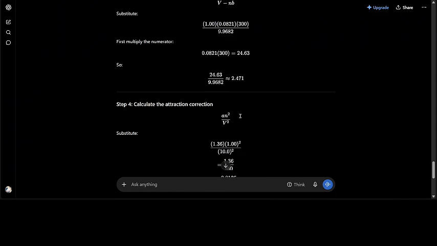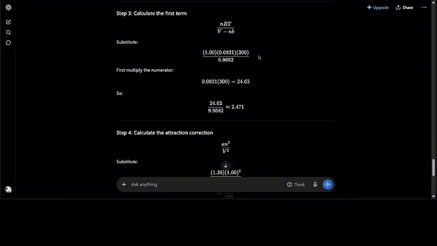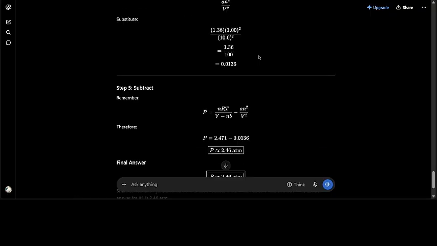Everything's right though. You see that: 1 times 0.0821 times 300 times 10 minus 0.0318. Then 1, and then we have 1 squared.